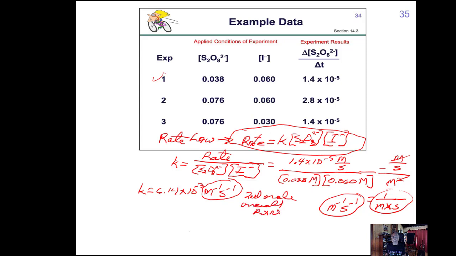Okay, so if it's second order overall, these will be the rate constant units for whatever reaction you're talking about. Now the time could be different, could be hours, could be days, could be years, depending on what time unit you're involved with. But in any case, these are second order overall reaction rate constant units.